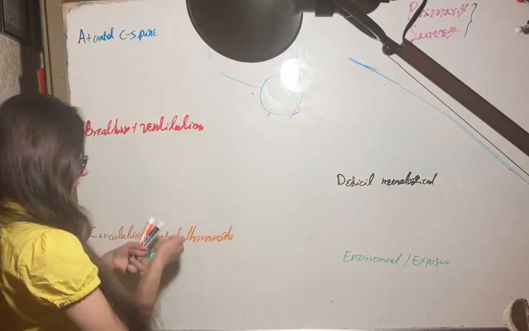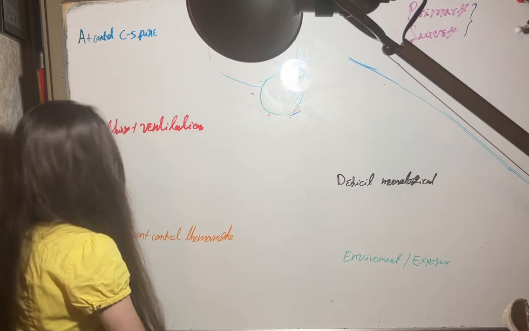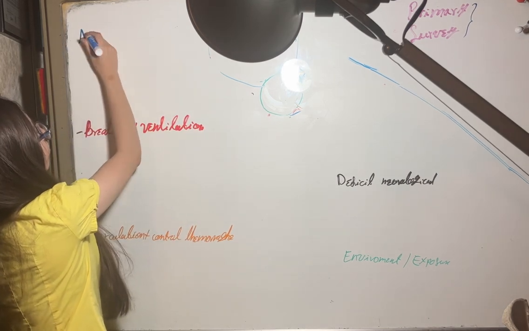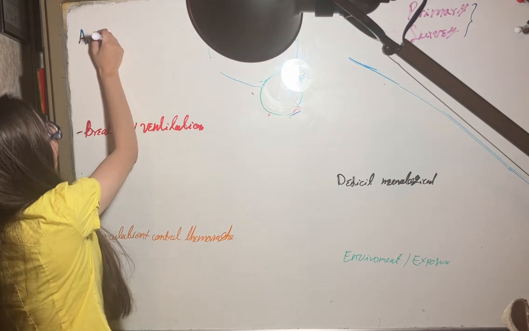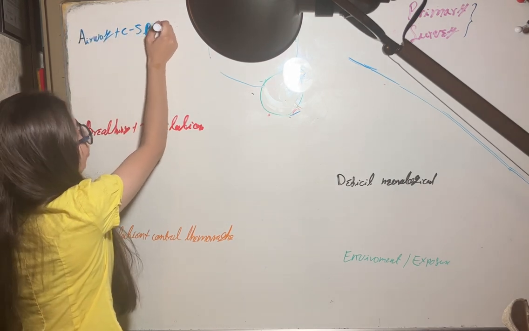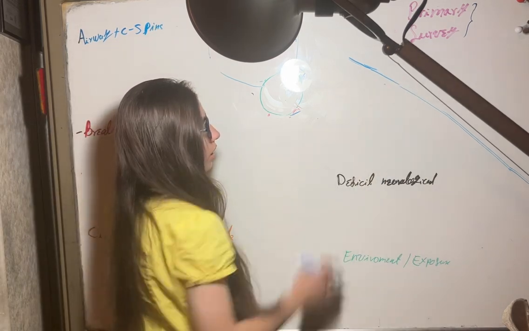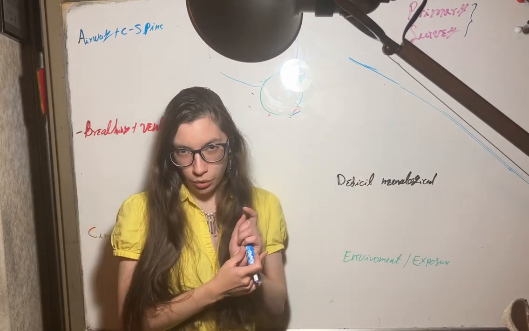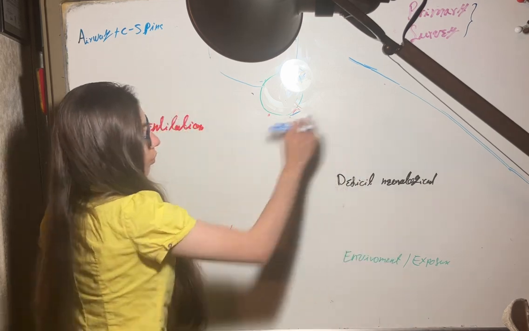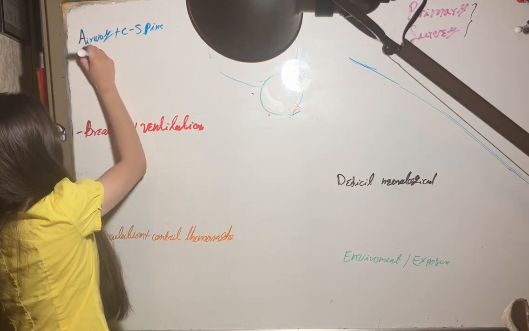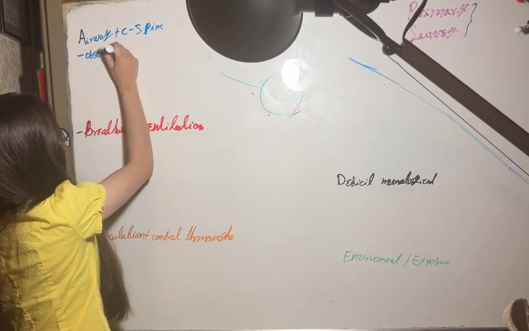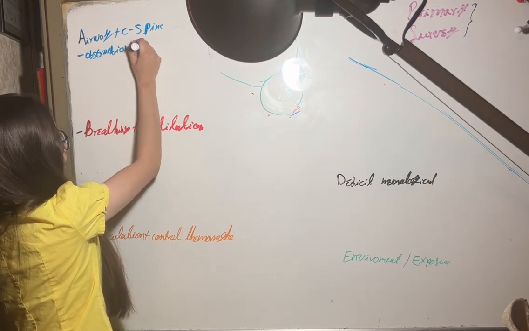So starting with A. A is airway and control or immobilization of the cervical spine. So first of all, what we want to evaluate is if the airway of the injured patient is not obstructed. So we are looking for obstruction, which could be because of a foreign body.